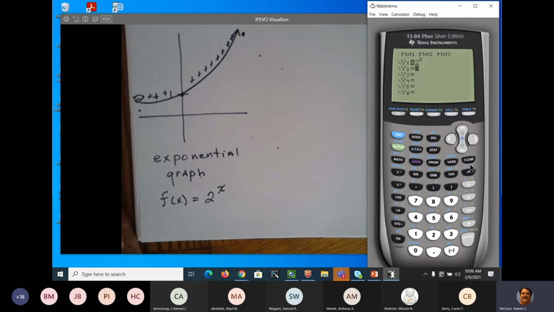Let me go ahead and make that darker. Hit enter. Make that a dark line. You'd be surprised on how many people I show that to, and they go, I didn't know you could do that. Yep, you sure can. And x and close parentheses. And graph.